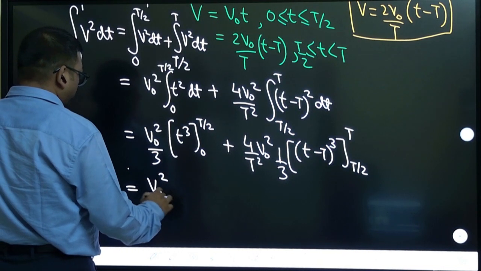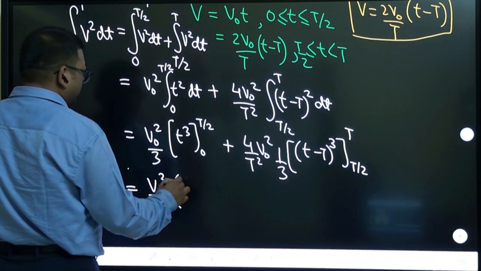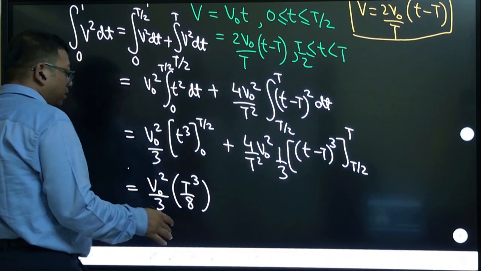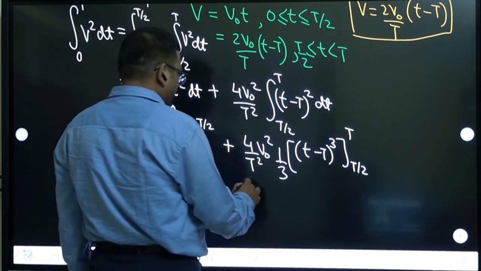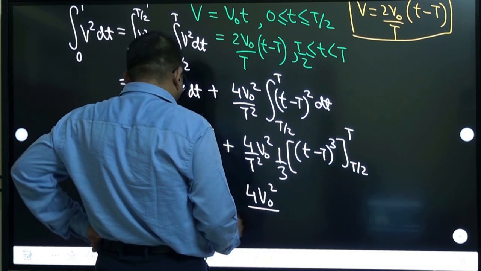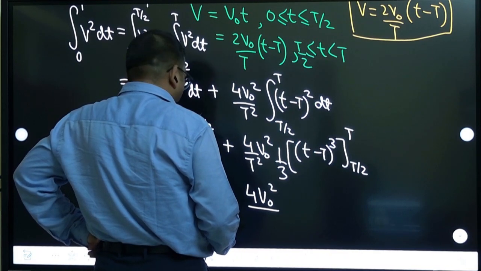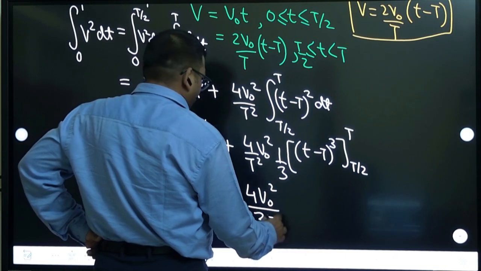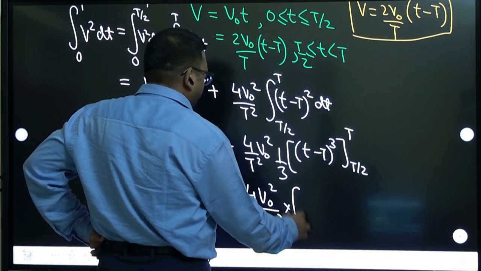So V naught square by 3, this becomes t cube by 8, 0 is 0 anyway. Okay, this one. So 4 V naught square by 3 is again here also, comma, t square. Here you need to put upper limit first.